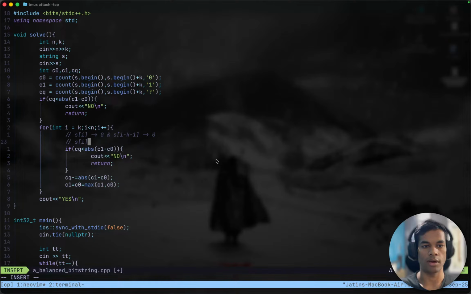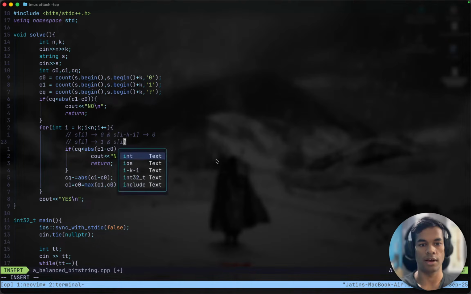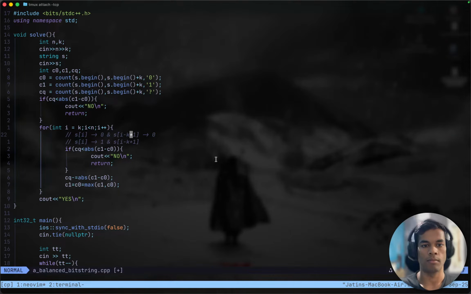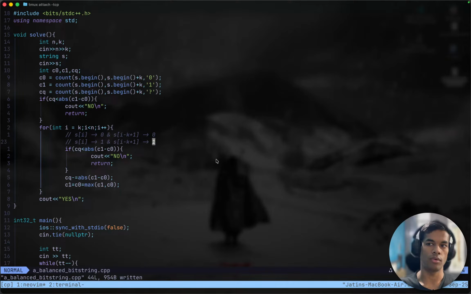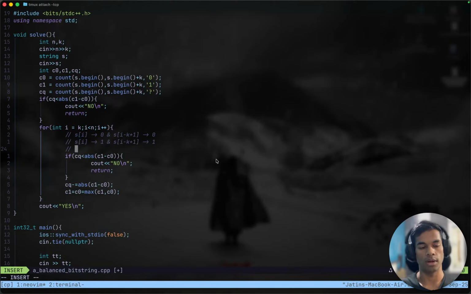And if Si is 1 and Si minus K plus 1 is also 1, then we lost 1 1 and gained 1 0. And in that case, this thing is very much okay. This is very much doable.